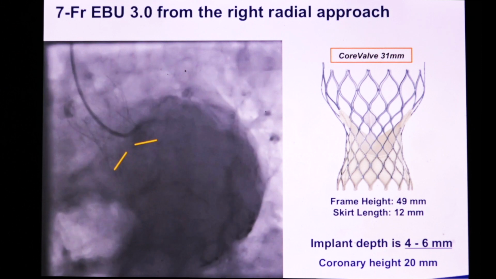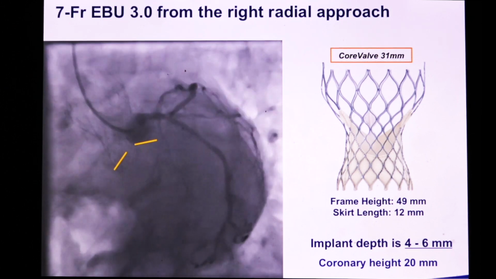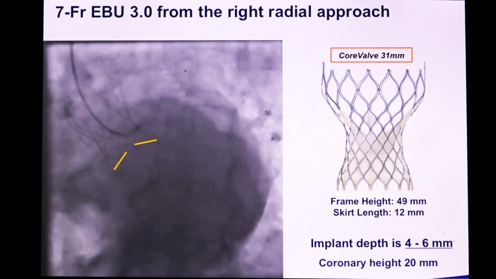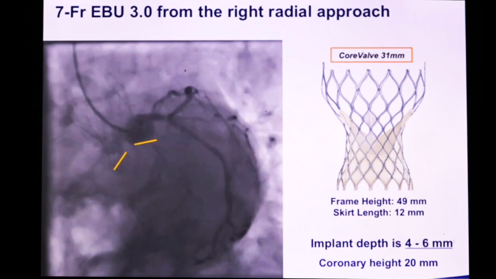So a couple of points that I would like to mention here: before even doing the diagnostic cath on a patient with a core valve, you need to know the coronary height of the patient. Basically, the core valve implantation depth is recommended to be 4 to 6 millimeters, and the skirt length for a 31mm core valve is 12 millimeters. So the skirt is 4 to 6 millimeters inside the LVOT below the annulus and 6 to 8 millimeters above the annulus.